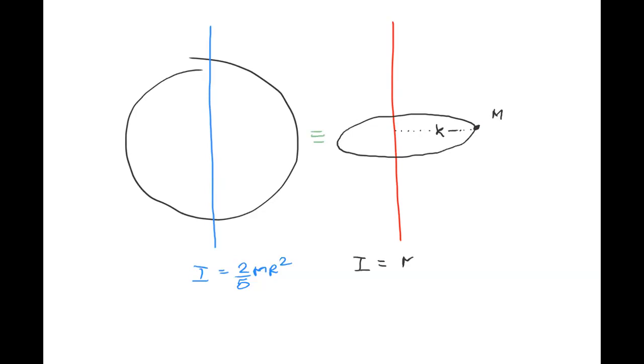So this should be equal to mk square, where k is the radius. So if I equate these two, I'll get k is equal to root 2 by 5 r, and this is called the radius of gyration.